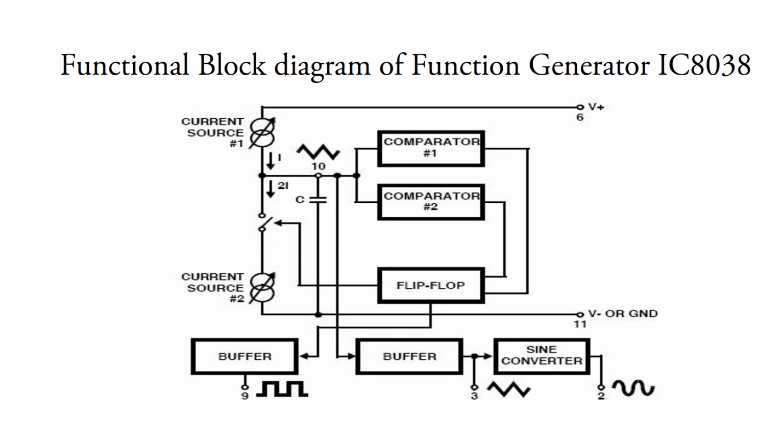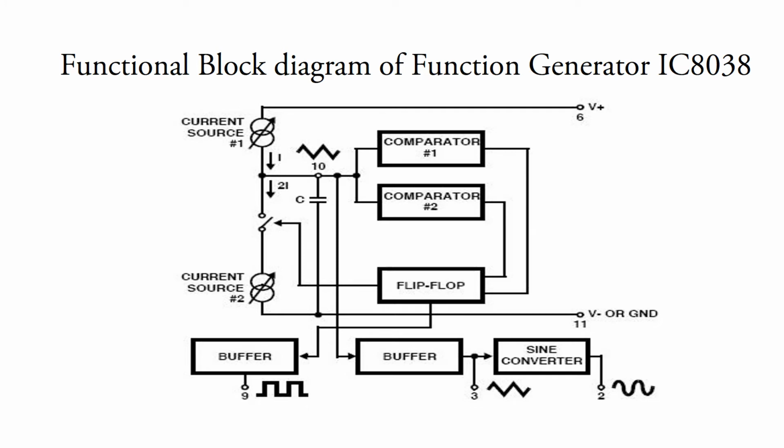It triggers the flip-flop to change its state from off to on. So current source 2 is connected to the circuit. Current source 1 has been designed with a current of level I. Current source 2 is set with a current level of 2I. Now the capacitor starts discharging, that is, its voltage decreases linearly with respect to time.